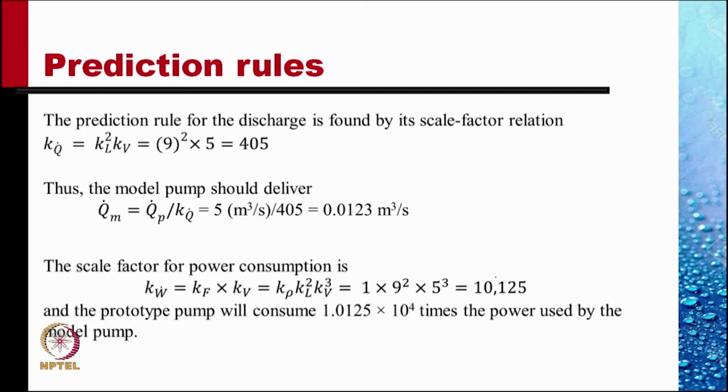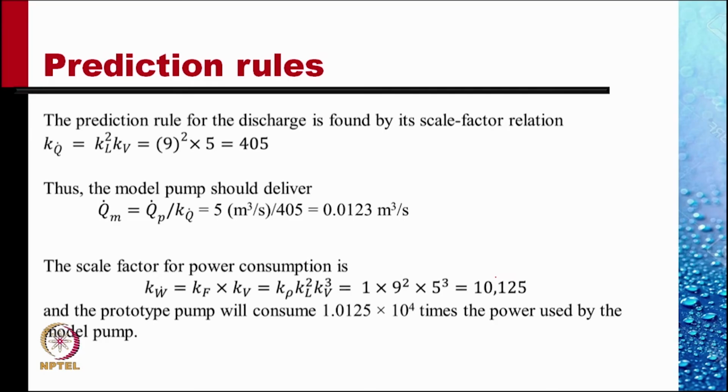The scale factor for power consumption is kW dot. The power is force times the velocity. So kW dot is equal to kf times kv. And we use k rho, kl square, kv square for kf, the inertial force factor. All forces are same.